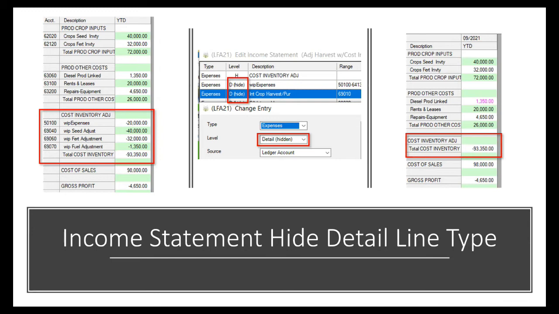I'm just trying to clean up the report because, as we do these WIP adjustments, we're introducing a lot of terminology that is confusing to the user.